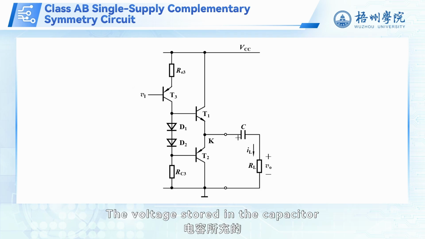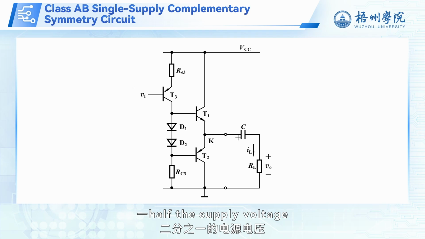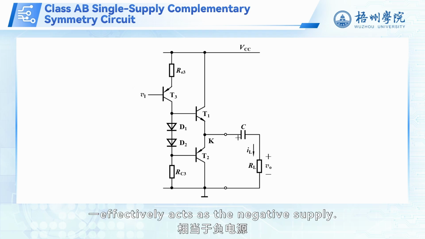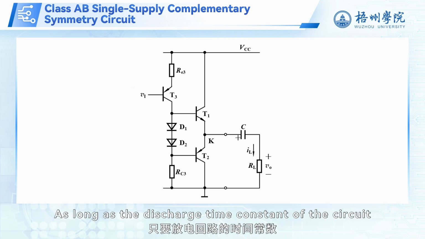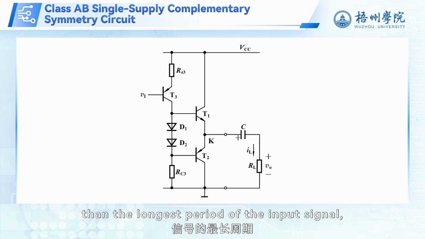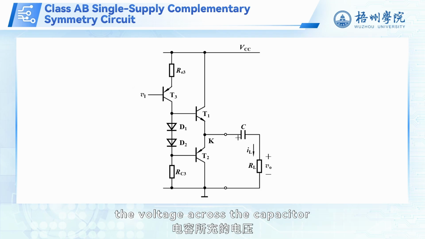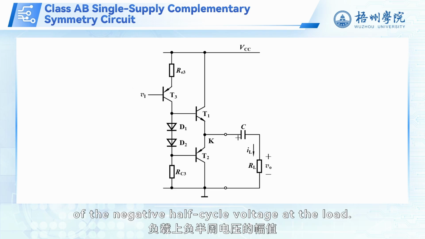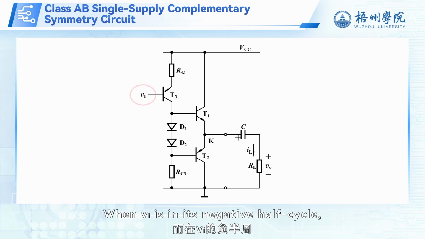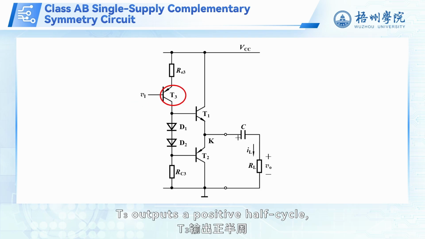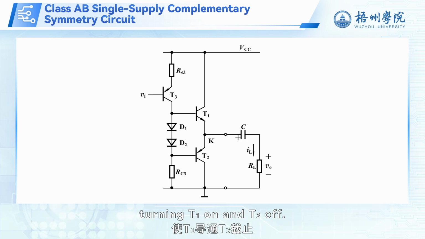The voltage stored in the capacitor, half the supply voltage, effectively acts as the negative supply. As long as the discharge time constant of the circuit is much larger than the longest period of the input signal, the voltage across the capacitor remains nearly constant, thus ensuring the amplitude of the negative half cycle voltage at the load. When Vi is in its negative half cycle, T3 outputs a positive half cycle, turning T1 on and T2 off.